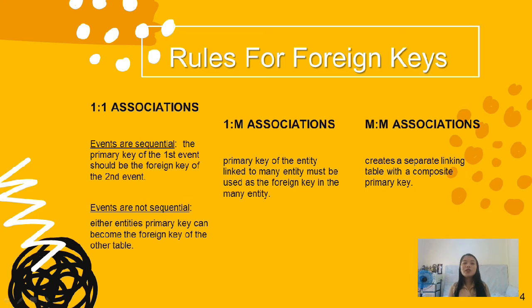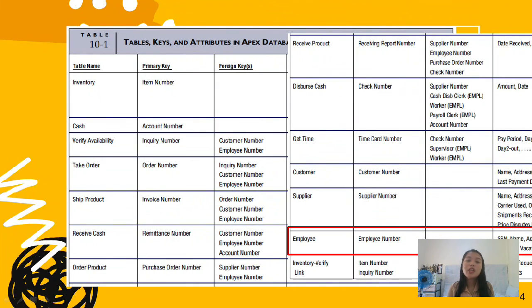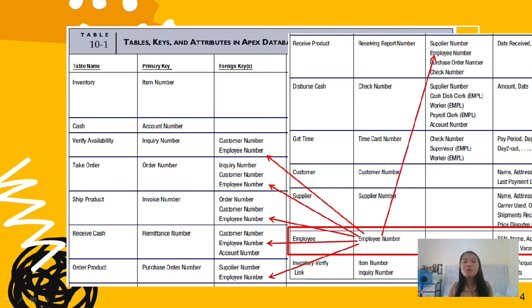Now, let's go to keys in one-to-many associations. Here, the primary key of the entity linked to many entities must be used as the foreign key in the many entity. Take as an example the primary key of the employee table, which is the employee number, has been assigned as a foreign key to the verify availability, take order, ship product, receive cash, order product, and receive product tables.